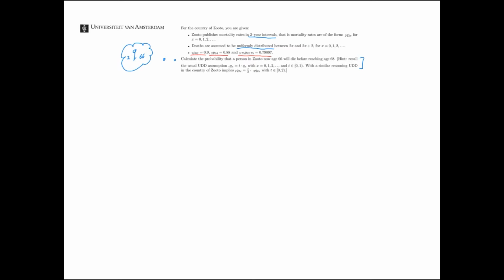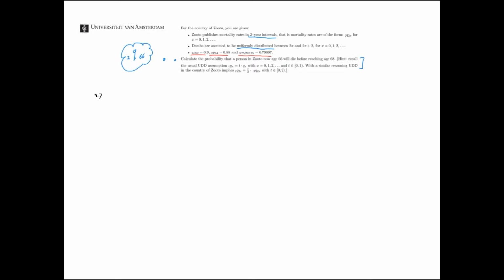Now, the information that is given, so these red underlinings, do not seem to give any information about somebody aged 66. Or does it? It's definitely not the first two, because these concern somebody aged 62 and 64. But maybe the latter one, so let's look at that one in a little bit more detail.